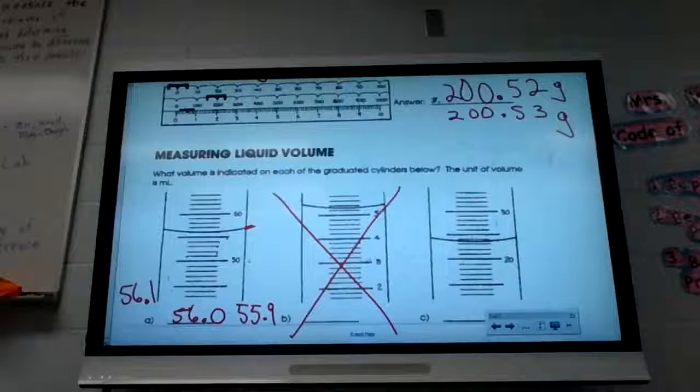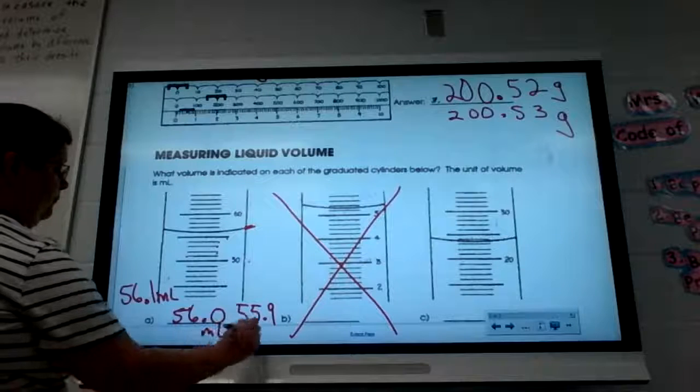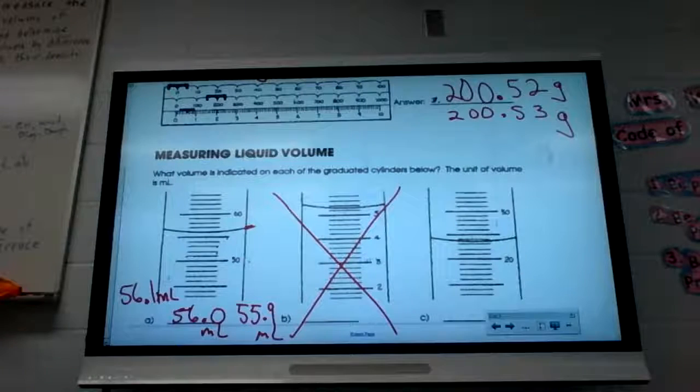I would even take 55.9 because I'm grading your significant digits. Okay, so as long as you read the significant digits correctly, I'm not going to get bent out of shape about that. And all of these will be milliliters. Okay? This is all about the significant digits. So today when I grade your lab, I'm grading the significant digits. That's what you lose points for, not putting units on numbers.